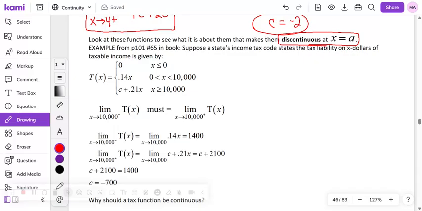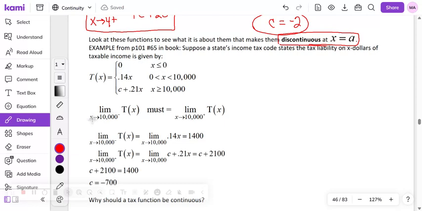So what we're going to do is set the left-sided limits and the right-sided limits equal to each other. Now we have a couple of breaks here. We have a break at x equals 0, and we have a break at 10,000. So take a look at what we have here. First of all, the limit at x equals 0. If you make no money, you pay no taxes, right? So there's nothing to do there.